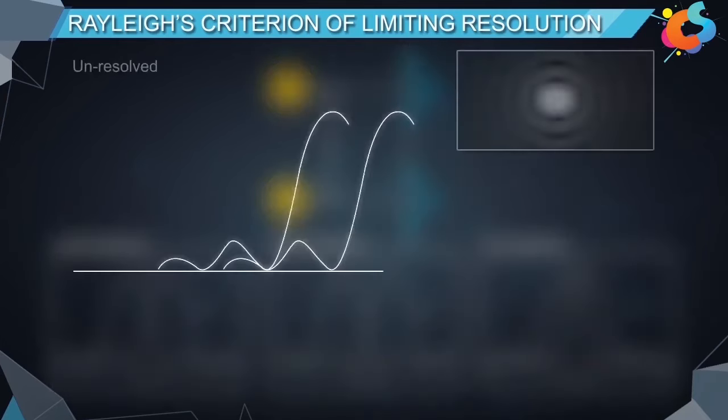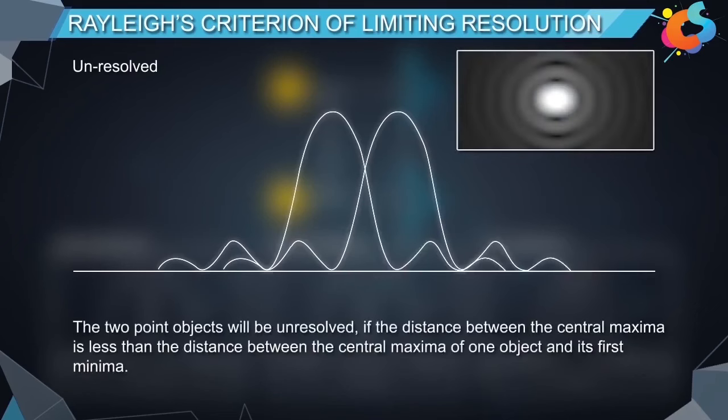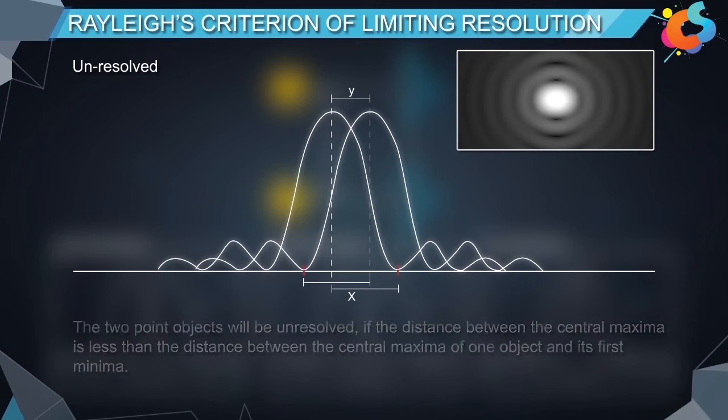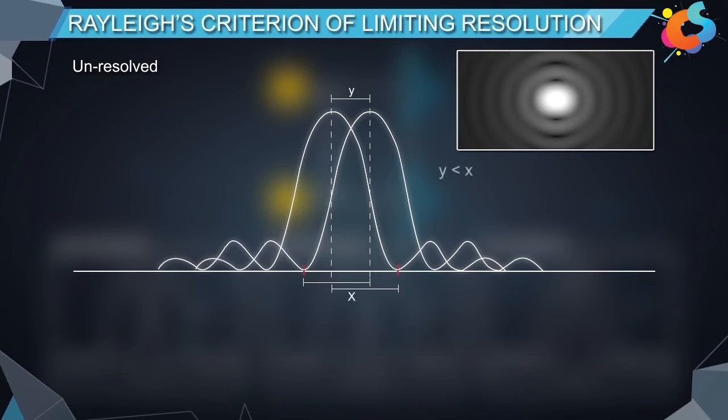Now, third criteria: the two point objects will be unresolved if the distance between the central maxima is less than the distance between the central maxima of one object and its first minima. Therefore, if y is less than x, the objects are said to be unresolved.